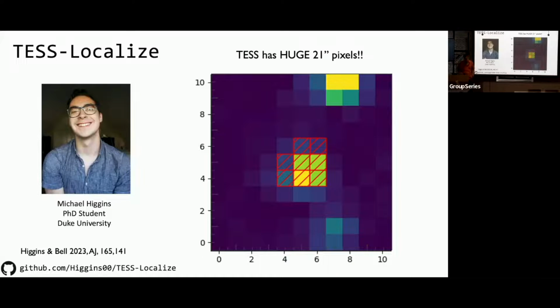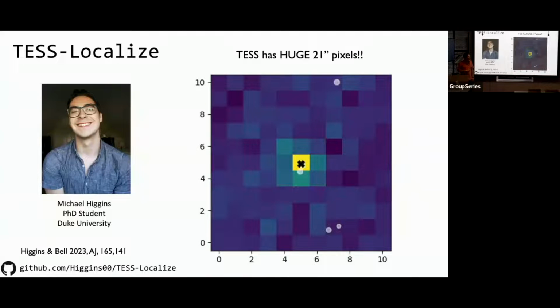I'm not going to go into too much detail about how that works, but what it can do is magically disappear the light from the other sources that are not the source of the variability, and give you a distribution of light from the variable source, which you can fit with a model of how light should be distributed across the TESS pixels to pinpoint the location on the sky where those signals are coming from.